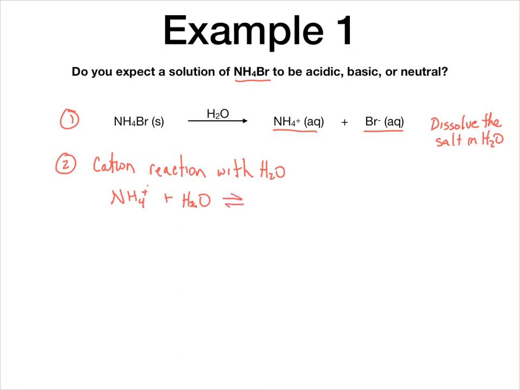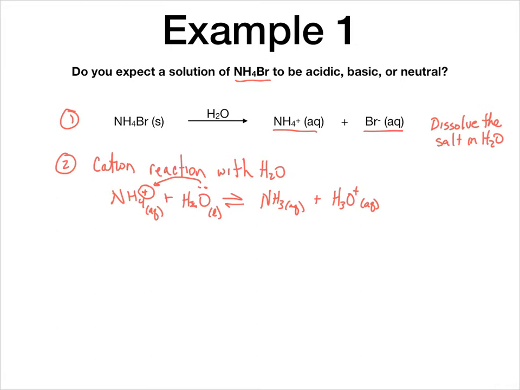NH4 plus has a plus charge and is going to behave as an acid, which means the water is going to be a base. The base is going to take that proton, leaving us with NH3 aqueous plus H3O plus aqueous. The NH4 plus is aqueous, and the water is a liquid. So we have an equilibrium set up here.